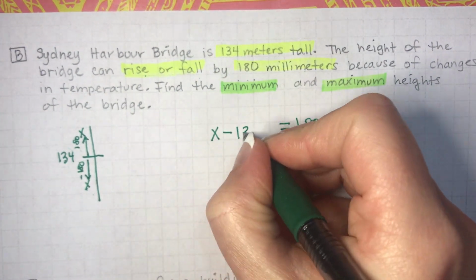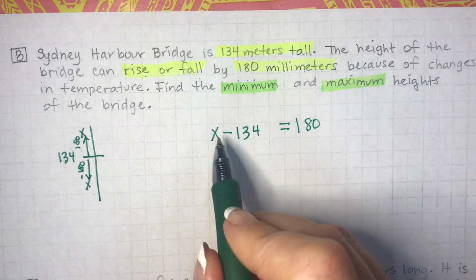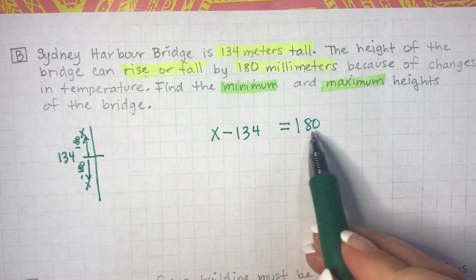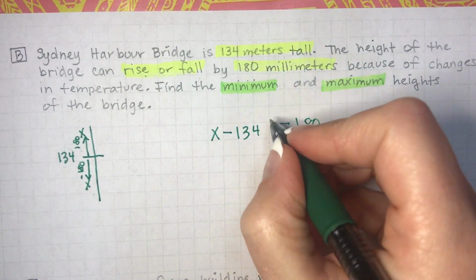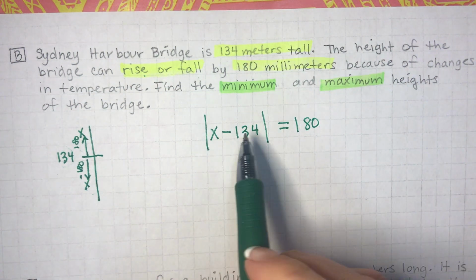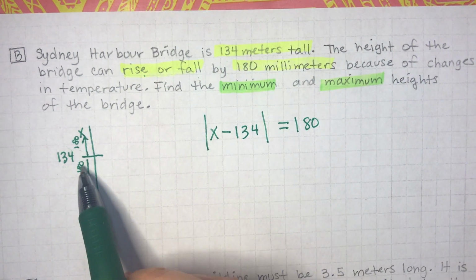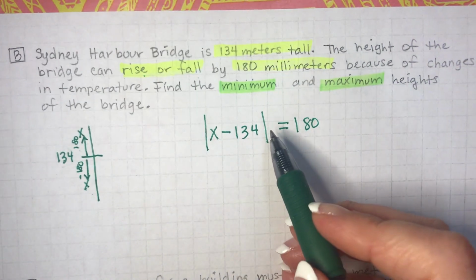So X minus 134, we're finding the difference between those two numbers because the difference between those two numbers is 180. But remember, we have to convert that. And then we're just going to take the absolute value of the difference because the difference could be positive and the difference could be negative. So there's two possibilities. So there we go.